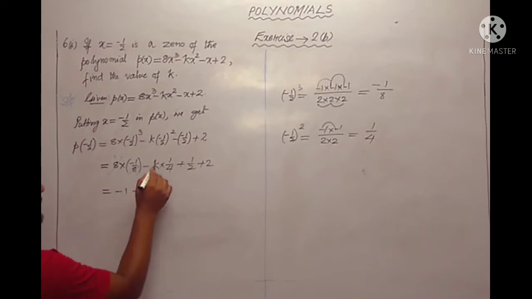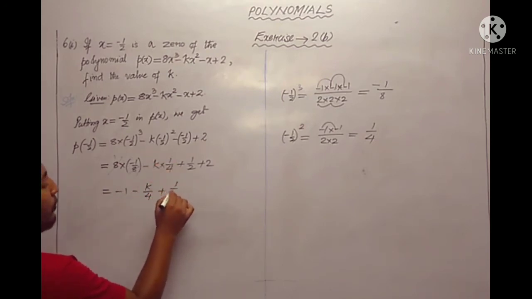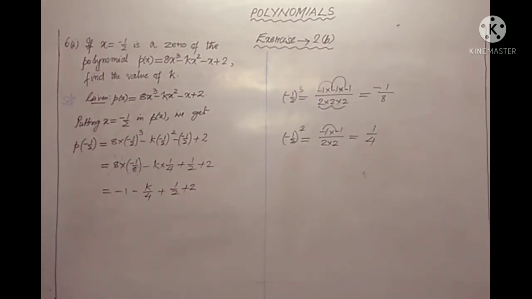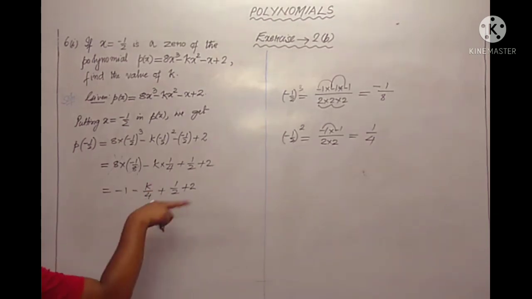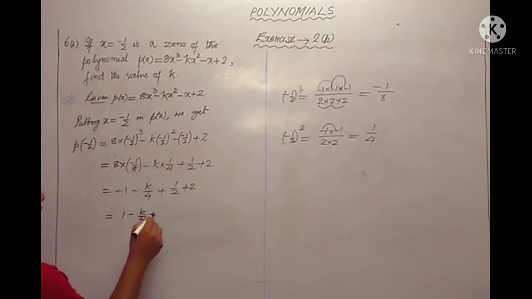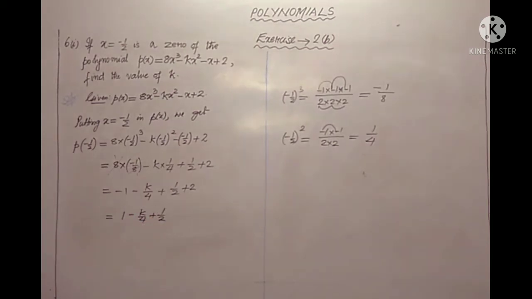Minus 1, minus k by 4, k into 1, k by 4, plus 1 by 2, plus 2. Now you can take the LCM of all the 4 terms. Or first we can do one thing: minus 1 plus 2 is 1, minus k by 4, plus 1 by 2.